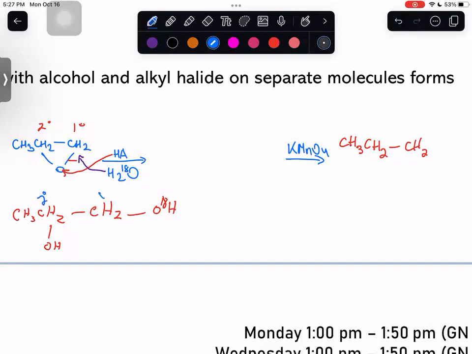So that means you're getting two different products, two different transformations. Secondary alcohols, they go to what kind of carbonyl? Okay, oxidizing agents.